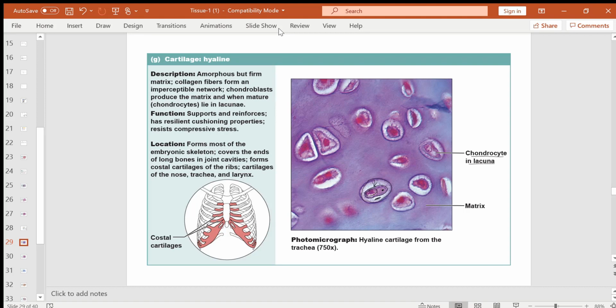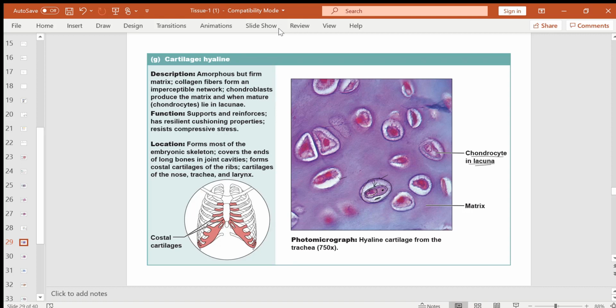Remember, both in the cartilage and bone, the cells are located inside the lacunae, small cavity. So you see lacunae and the chondrocyte, the cell of cartilage.